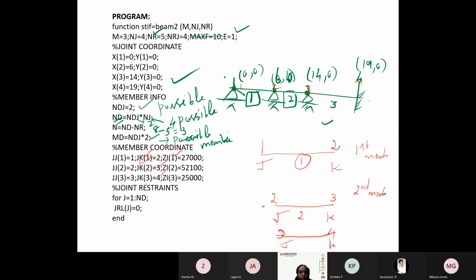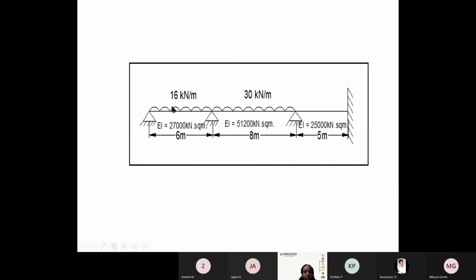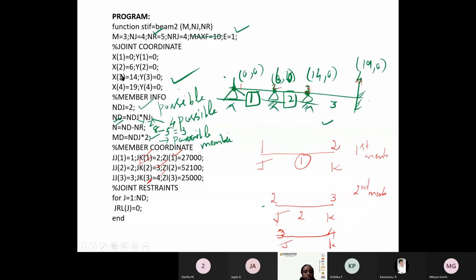So what does this represent here? JK of 3 means the third member. But here, what does it indicate is the joint. This represents a joint and this represents a member. So 4 joints are there.